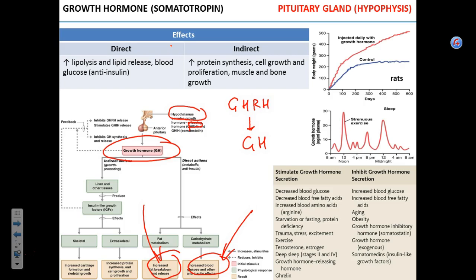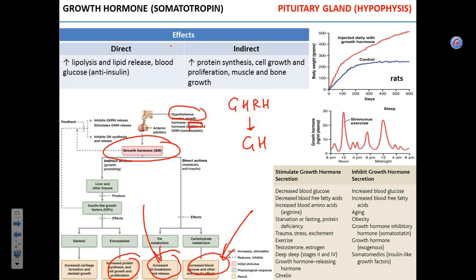Indirect effects involve protein synthesis. Now think about this. What I love about the endocrine system is you just think it through. It is logical. You've got growth, which requires energy. Energy will come from glucose, which growth hormone will bump up, and free fatty acids, for instance, which will come from lipids.